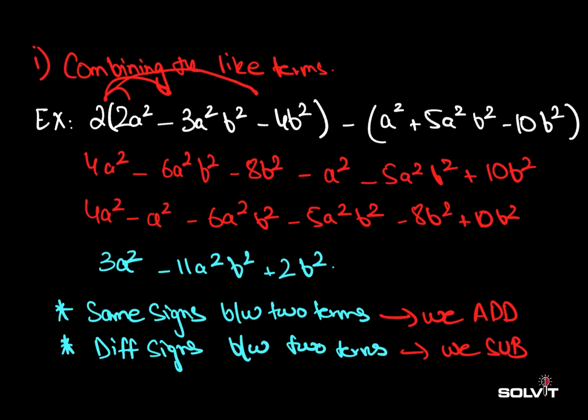Then the last thing that we need to take away from this is that the sign of the bigger term ends up in the answer. Alright, so this was all from combining like terms.